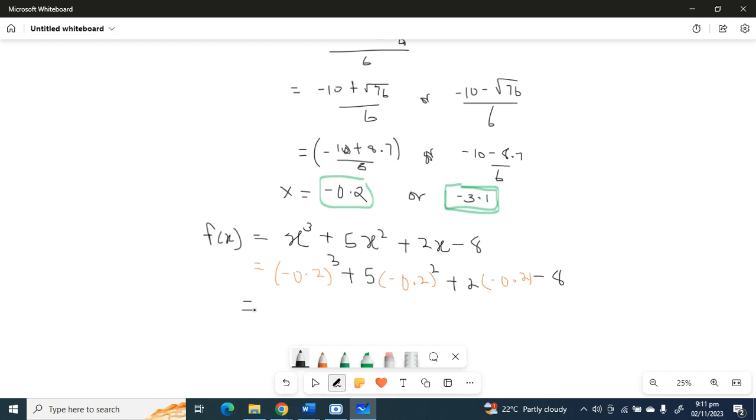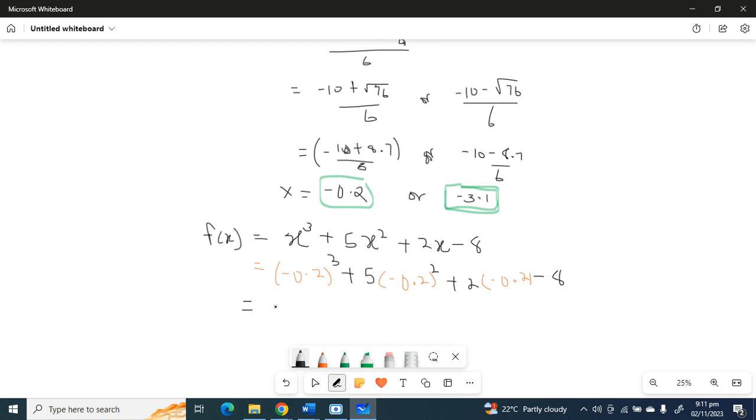Negative 0.2 cubed, plus 5 times negative 0.2 squared, plus negative 0.4, minus 8.